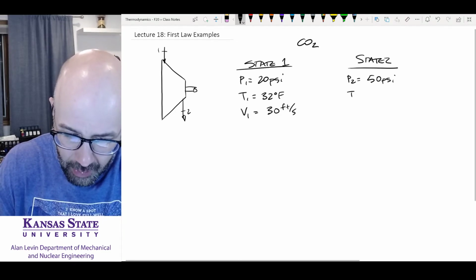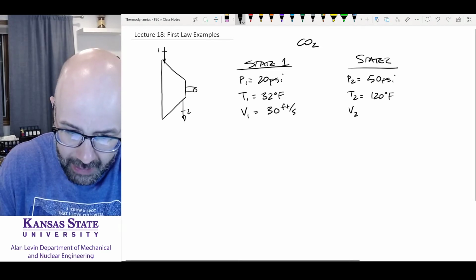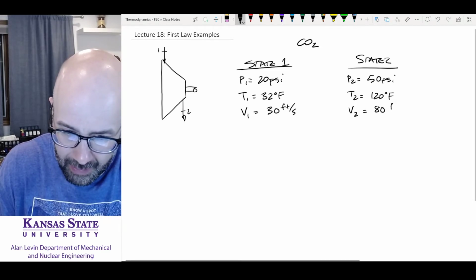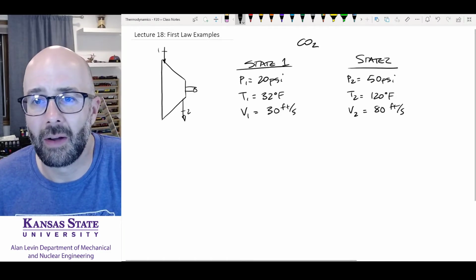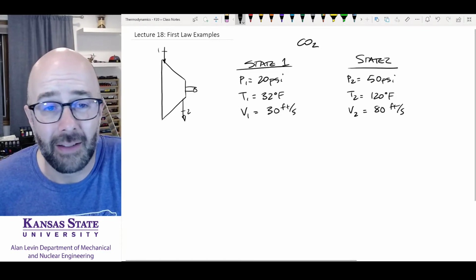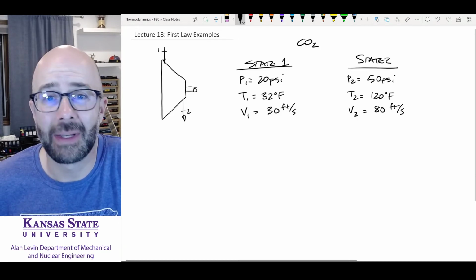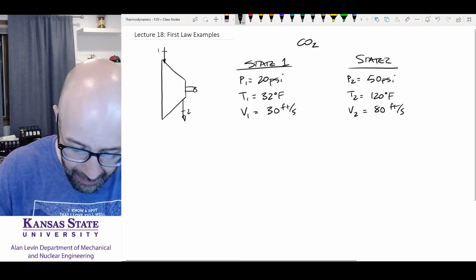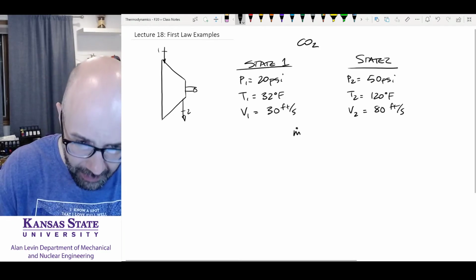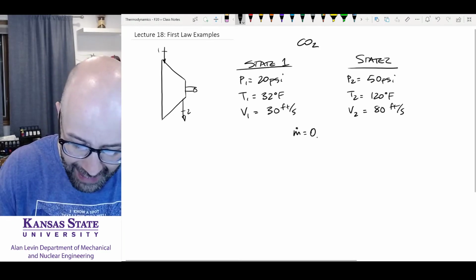The temperature 2 is equal to 120 degrees Fahrenheit, and the velocity 2 is equal to 80 feet per second. So we're increasing by 50 feet per second, and that's going to be some kinetic energy change that we're going to have to look at. And they tell us the mass flow rate of the carbon dioxide is 0.98 pounds per second.